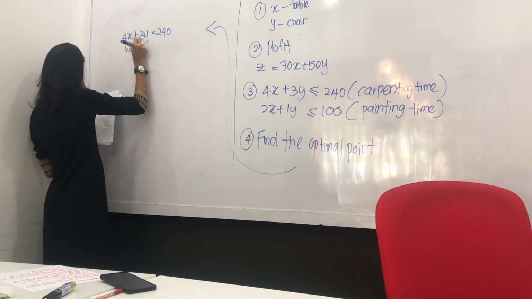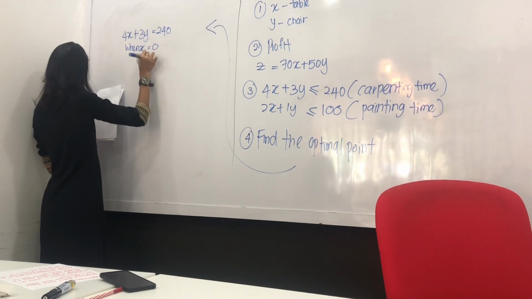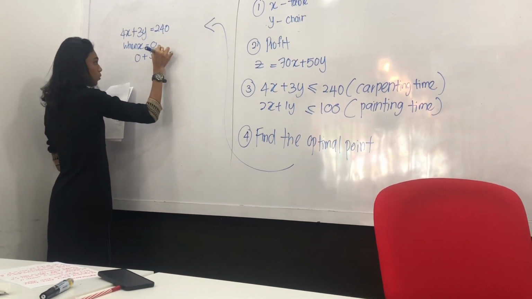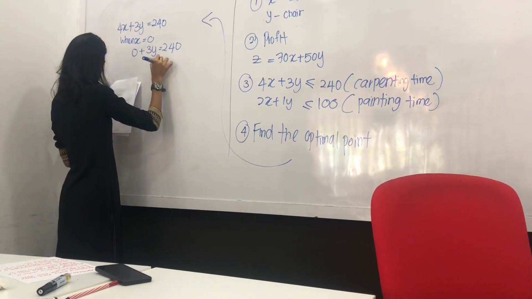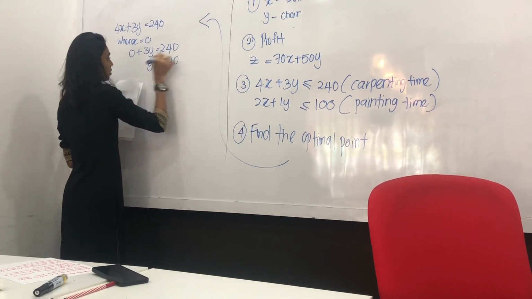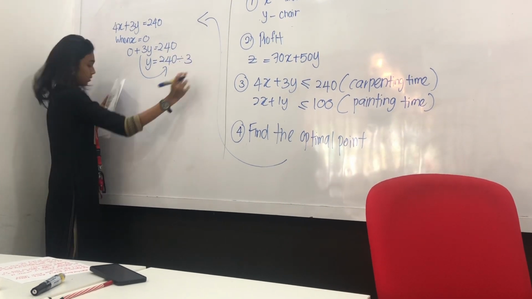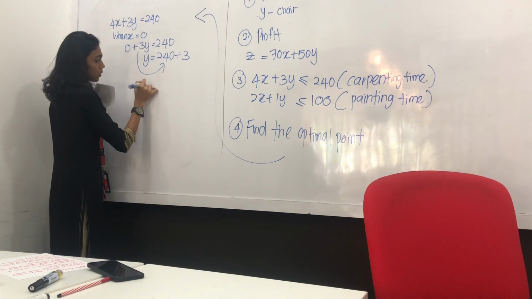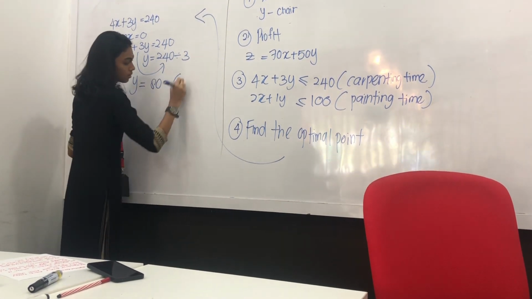When x equals 0, that means 0 plus 3y equals 240, so y equals 240 divided by 3. Once we calculate, the answer will be 80. So y equals 80.